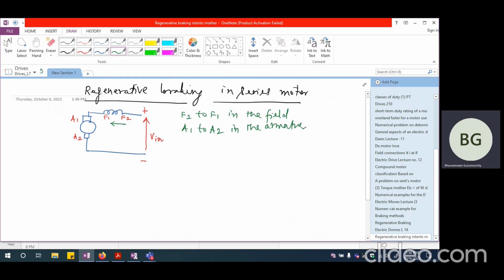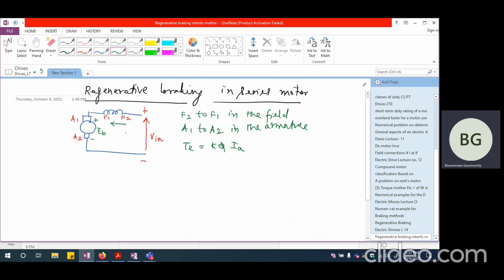Okay, so in which case, if I try to look at what the torque is going to be, it is K phi times IA. And I'm going to have the back EMF like this. A1 is going to be positive, A2 is going to be negative, and this is going to be the back EMF.